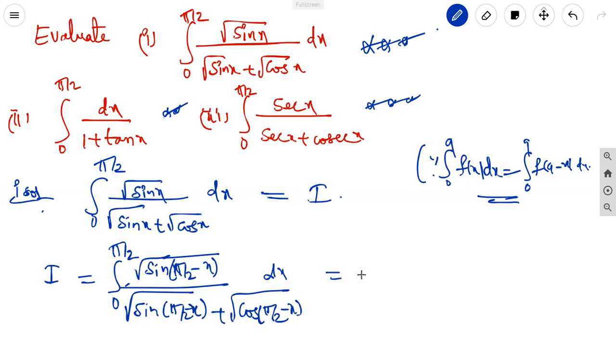Pi by 2 minus x comes in the first quadrant. In the first quadrant, all ratios will be positive. Sin can change into cos, so we get root cos x by root cos x plus root sin x.